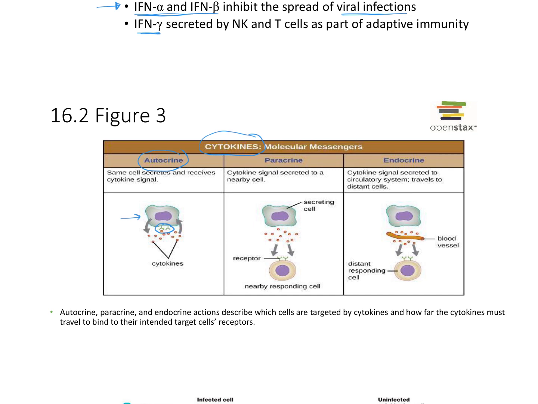So that's an autocrine function of cytokines. Some cytokines act on nearby cells. Here's a nearby cell that has receptors for that cytokine. And some cytokines, the function is considered endocrine, meaning that they travel throughout the whole body, get in the bloodstream and act throughout the body.